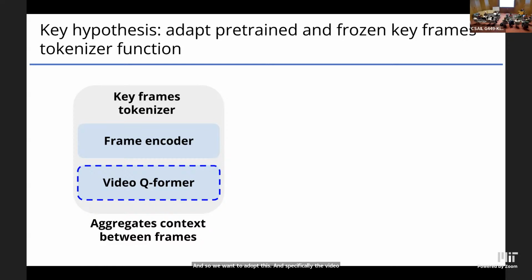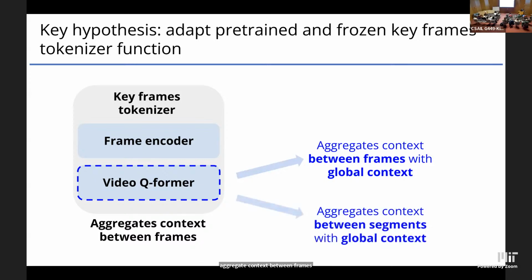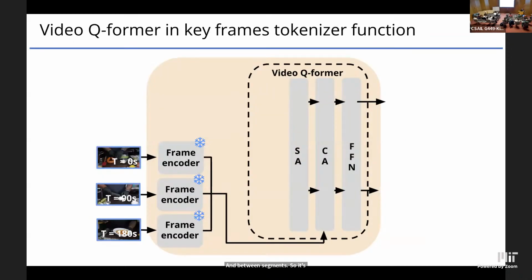Qformer stands for Query Transformer. It's a transformer module that stitches vision tokens to language tokens by learning queries, similar to the idea I showed you before with learned queries into the LLM. We want to adapt this to aggregate context between frames and between segments. So it's a hierarchical approach, essentially.